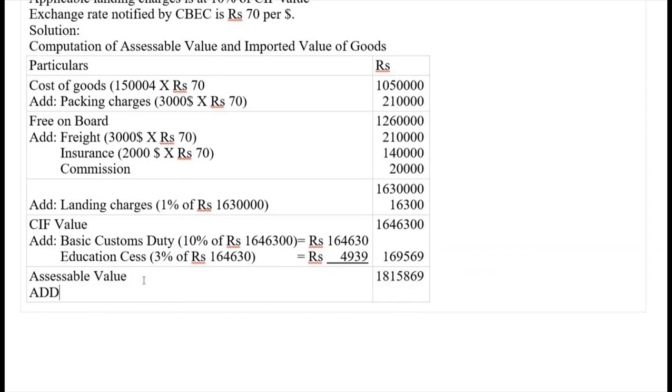So to this now we should add IGST, sorry, not CGST, IGST, because it is imported goods here. So IGST at the rate of 18% of rupees 18,15,869, which comes to rupees 3,26,856.42.